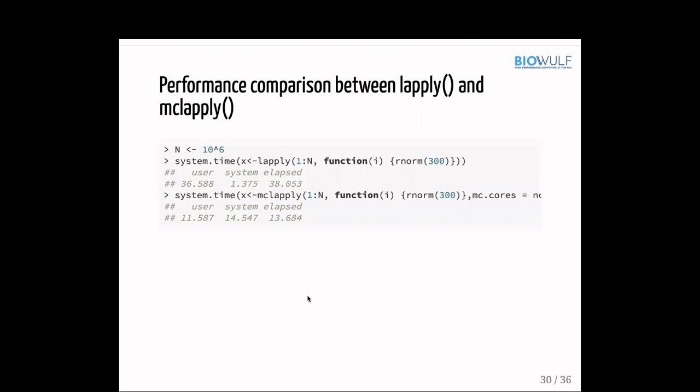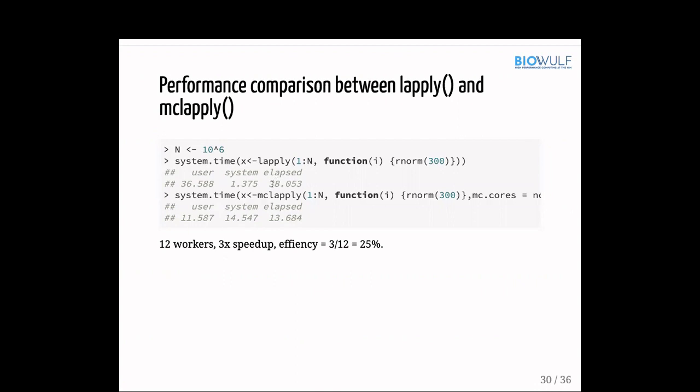Next will be the performance comparison. You will assume that after you assign 12 CPUs, you will speed up too. You will save like 12 times of time, but the reality is normally not. In this case, compared to 1 CPU, we use 12 workers.